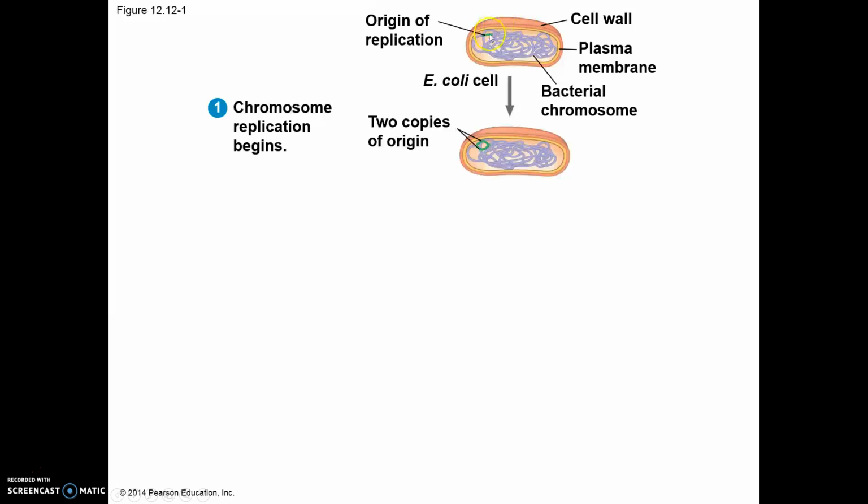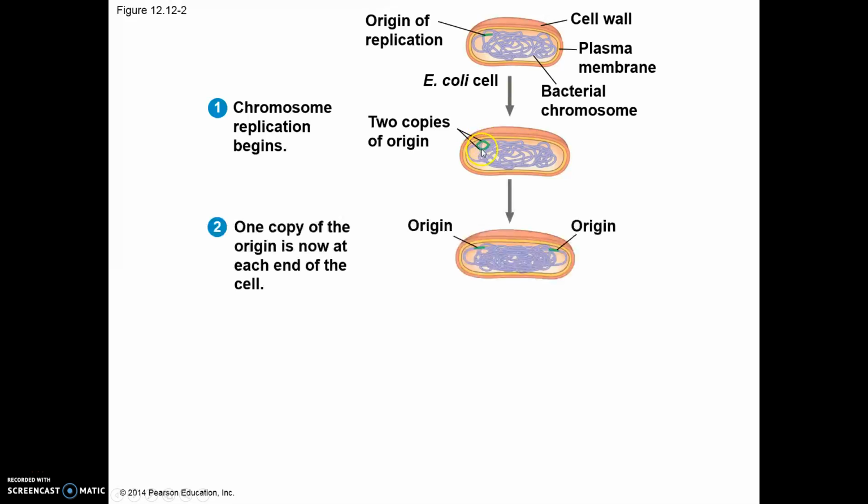So we have DNA here, a single bacterial chromosome, which tends to be circular inside of here. At one point we have an origin of replication. When we start getting replication at that site, we'll see that we have now two strands.